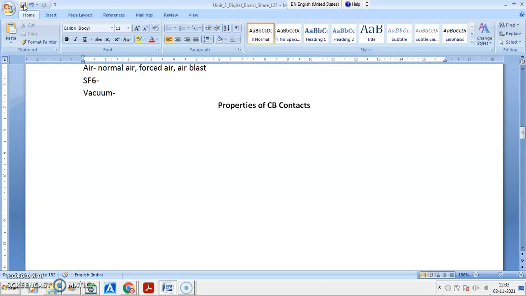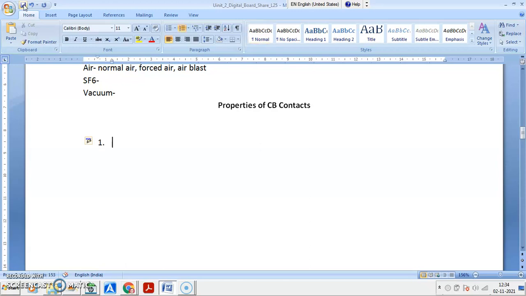So these contacts require some properties. They are made of metal but with certain properties, because normally the opening and closing operation takes place at this point. These contacts are exposed to very high pressure, force, and temperature, so special properties and special material is used for these contacts.